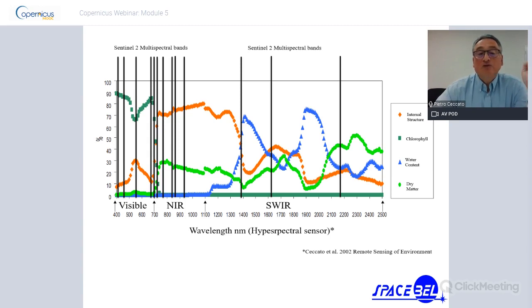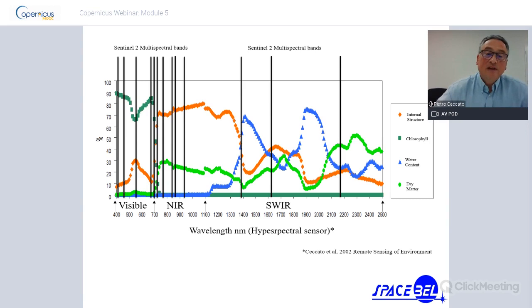Also, band 11, which is at 1600 nanometers, is affected by the water, but also by the dry matter and the internal structure of the leaves. So if you want to retrieve water, you need to use another band, affected by the internal structure and the dry matter, in order to decrease the impact of those two values.